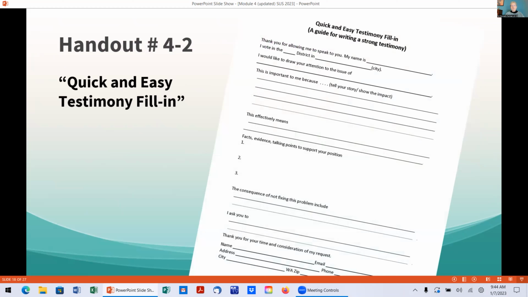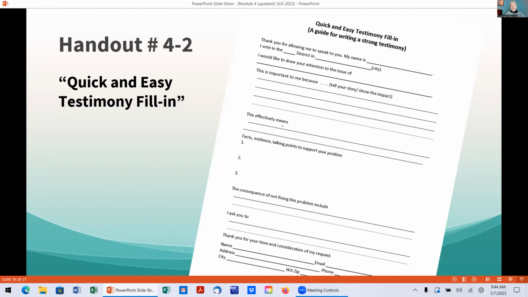So we have a handout for you. It's called the Quick and Easy Testimony Fill-In. And it will help you a lot with testimony writing if you haven't done it before. It's really just a fill-in form that contains all of those 5 elements. And if we look at it: hi, my name is, I live in such and such a district in such and such a city. I'd like to draw your attention to the issue of. This is important to me because, and this is where I get to tell my story.